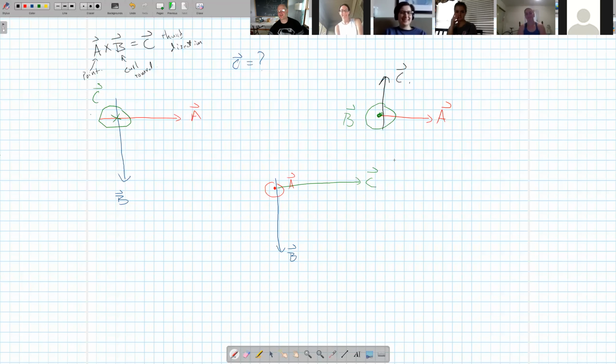Good. So why don't you try this one over here? So let's do that one together. So which is the direction of A? So point your fingers in the direction of A again. So they're pointing to the right. This top one here.